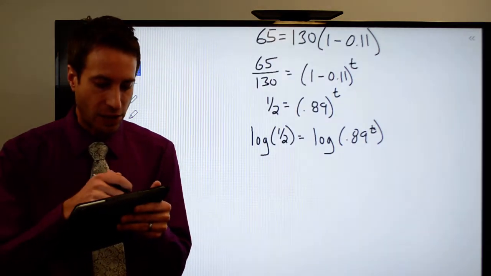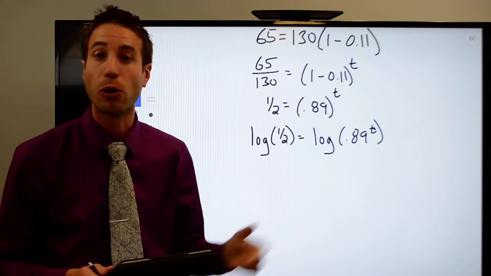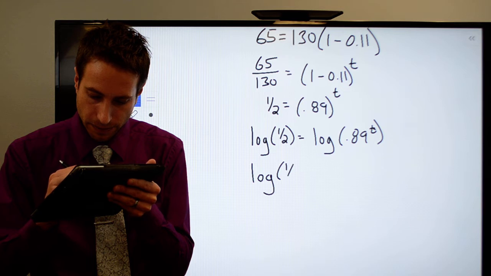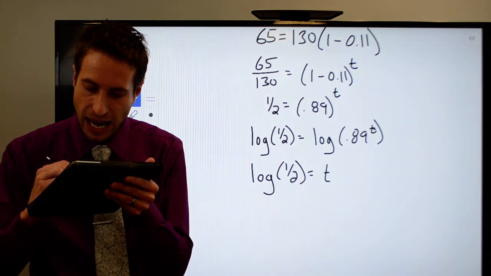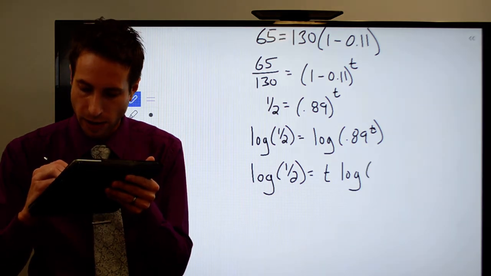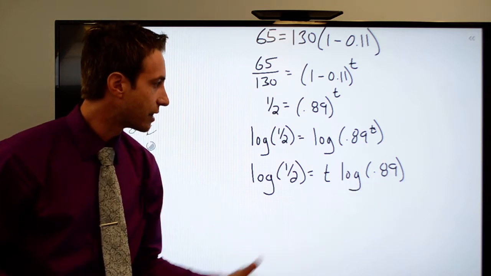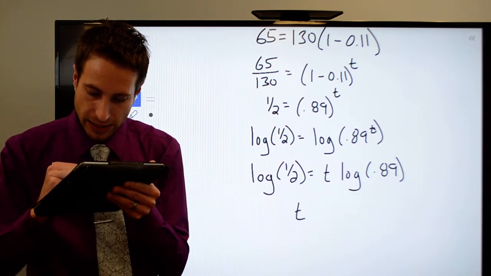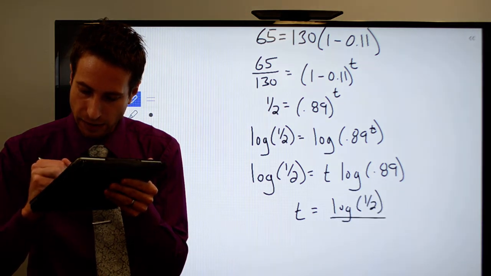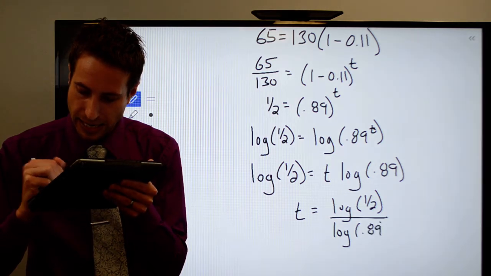So what I've done is I've gotten that variable, that t I'm trying to solve for, out of the exponent position, and it's now multiplied as t times the common log of 0.89. Well, to get the t by itself, divide the log of 0.89 to the other side. t is equal to the common log of 1/2 divided by the common log of 0.89.